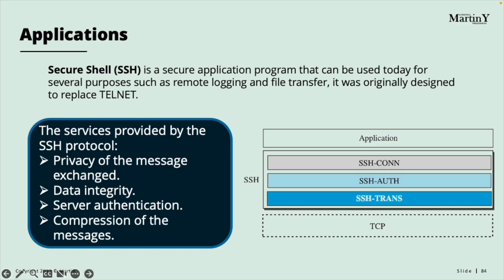Once you establish communication between a client and a server, SSH creates additional 3 layers between the TCP or transport layer and the application layer. As you can see, those are SSH-TRANS, SSH-AUTH, and SSH-CONN.